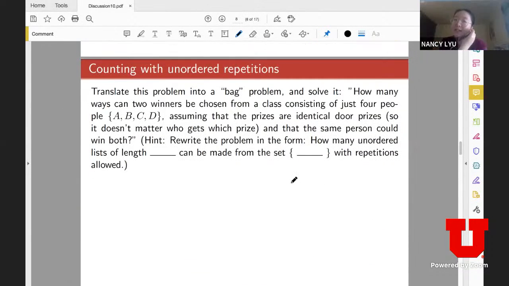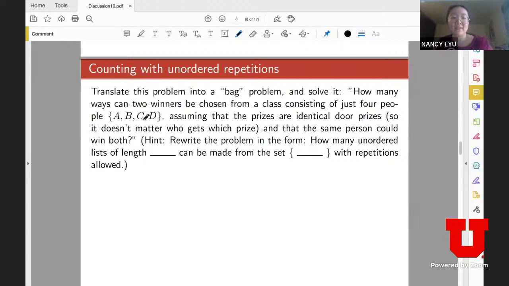Okay, the next one is about unordered lists with repetitions, so this would be a bag problem. It says how many ways can 2 winners be chosen from a class consisting of just 4 people?